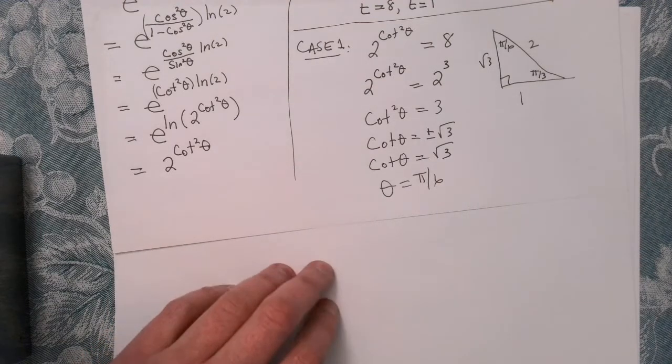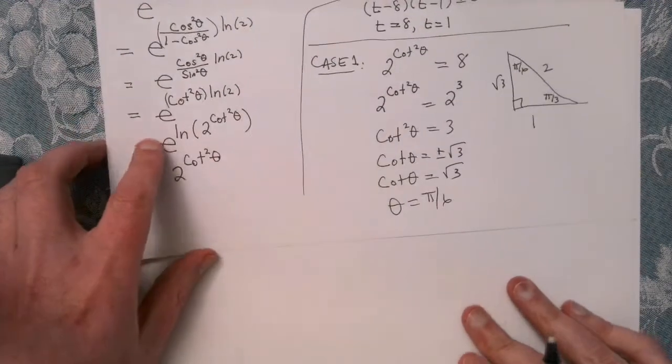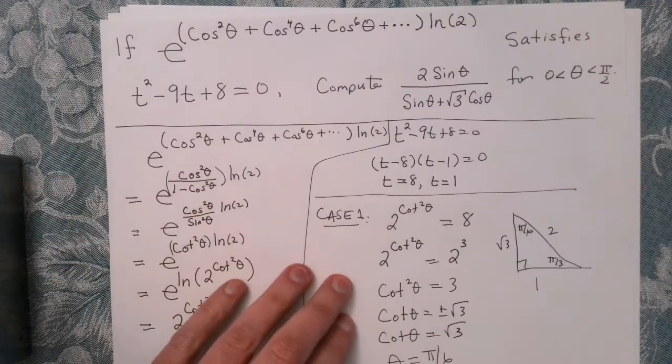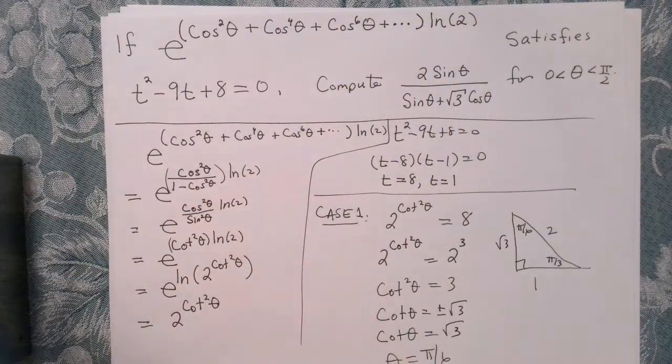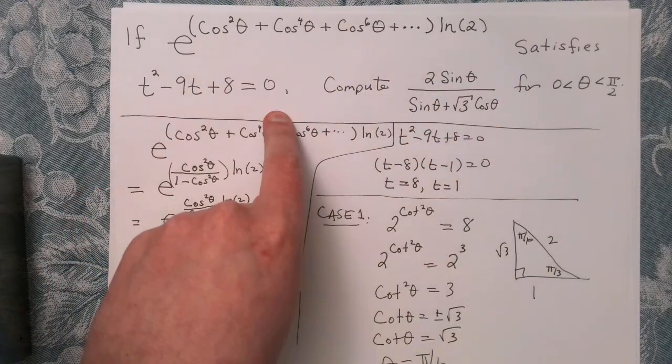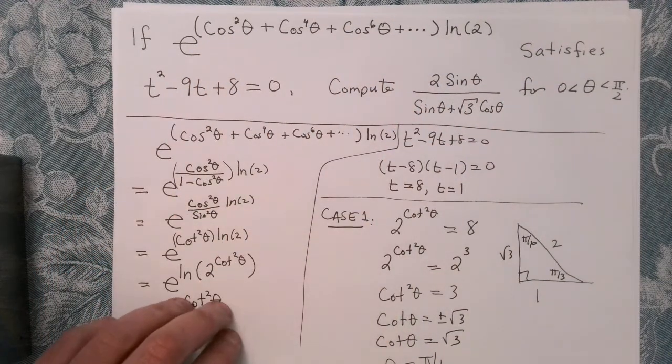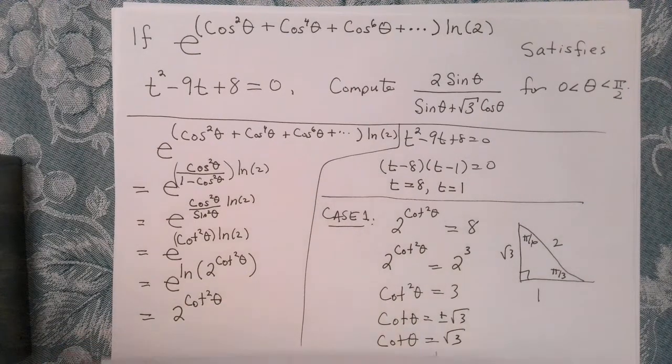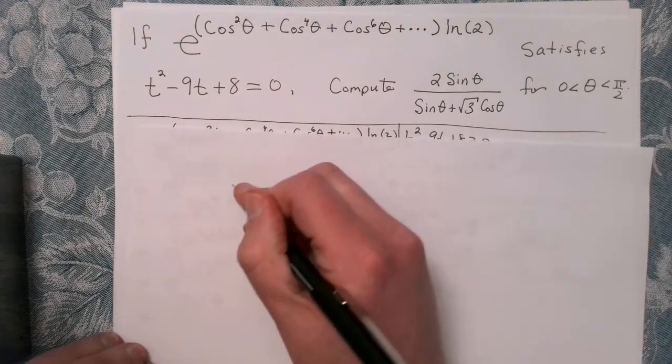Okay, so case 1, all we have to do is go back and compute this. Under this condition, computing this for theta equals pi over 6. So yeah, let's take a look.